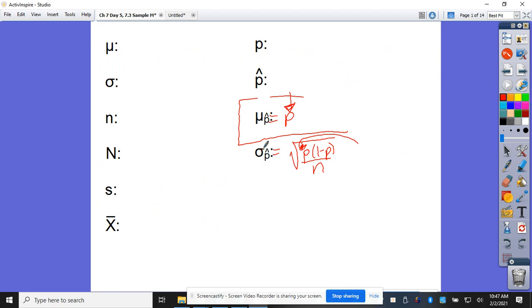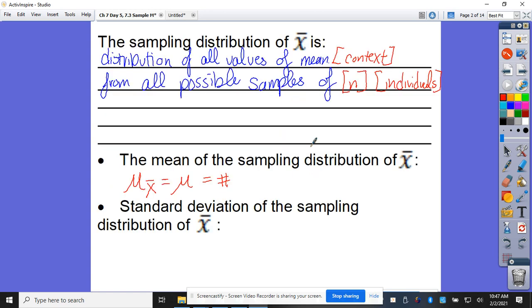This one was finding the standard deviation of p hats from the parameter p. Well, this one we're dealing with, so this is going to be sigma of what? We have to find it from the population standard deviation, which is sigma, and it's still divided by square root n, which is the same concept of accounting for error, accounting for sample size.